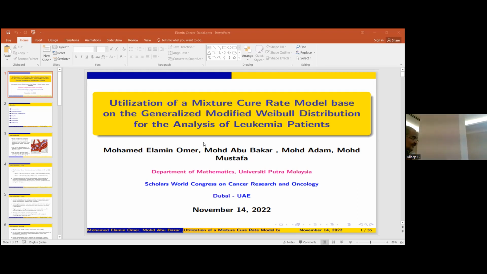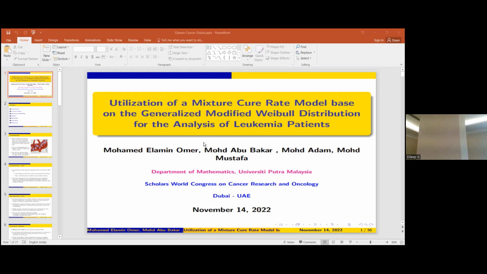The finding showed that, as I said, the hazard peaks at 11 days for allogeneic and 12 days for autologous, and then after 40 days the hazard is almost the same. So from here, we know that the mixture cure model based on a generalized distribution is suitable for this, and the Kaplan-Meier says that the survival probability of the allogeneic group is better than that of autologous.